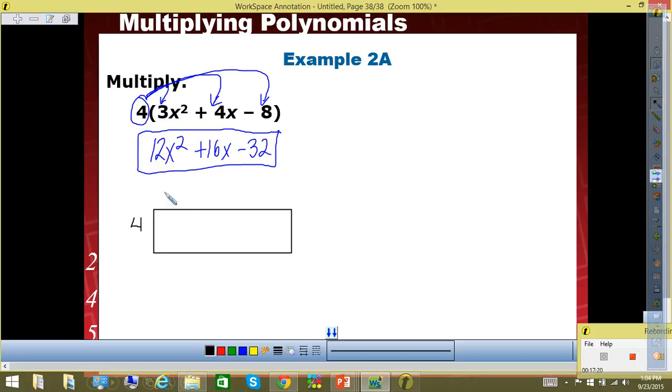This measures 3x squared plus 4x minus 8. But if you notice when we started, it was only one whole area, wasn't it? Because it was only a monomial. So let me ask you this. How many monomials are there in a trinomial? Tell your neighbor, please.